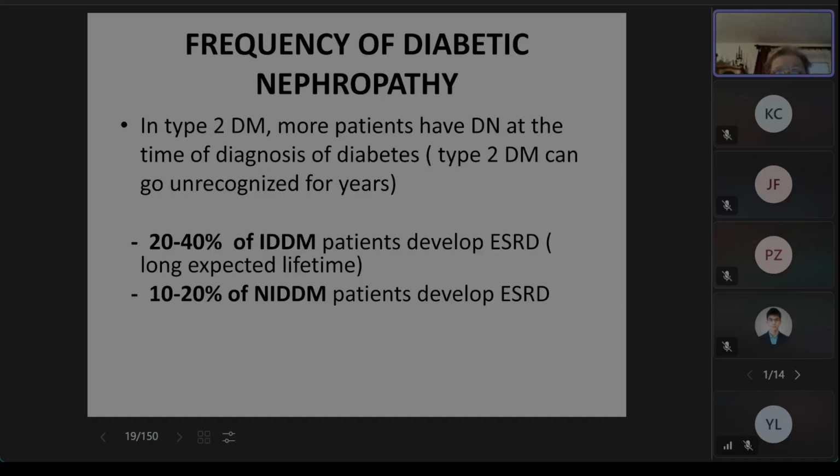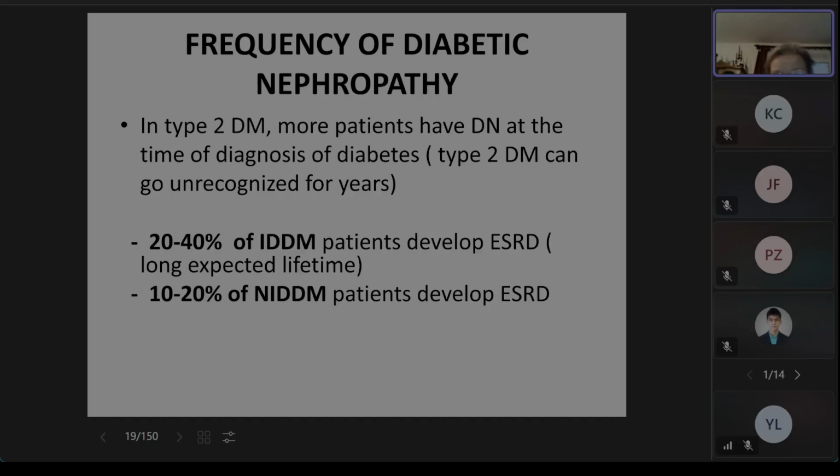As regards the frequency of end-stage renal disease because of diabetic nephropathy, we can find that 20 up to 40% of patients with type 1 diabetes mellitus can reach end-stage renal disease, but only 10 up to 20% of patients suffering from diabetes mellitus type 2 can develop end-stage renal disease. Why?